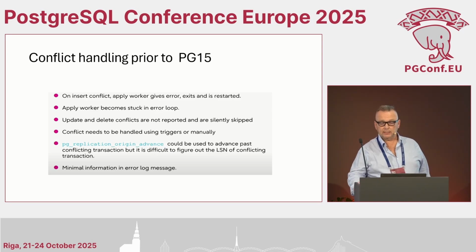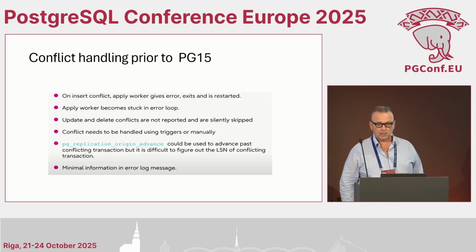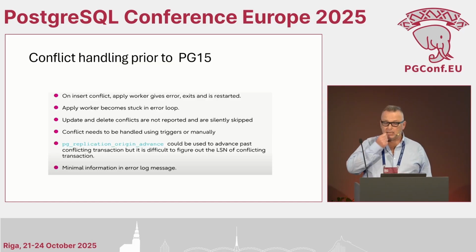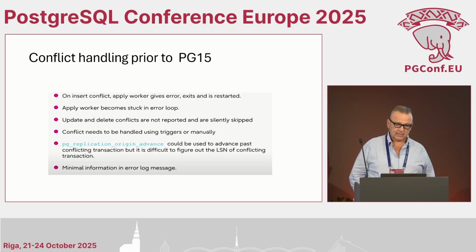So you either manually disabled the subscription or took corrective action steps. And prior to Postgres 15, update and delete conflicts due to missing data on the subscriber were also silently skipped. So any conflict resolution had to either be done manually or to prevent a retry loop.